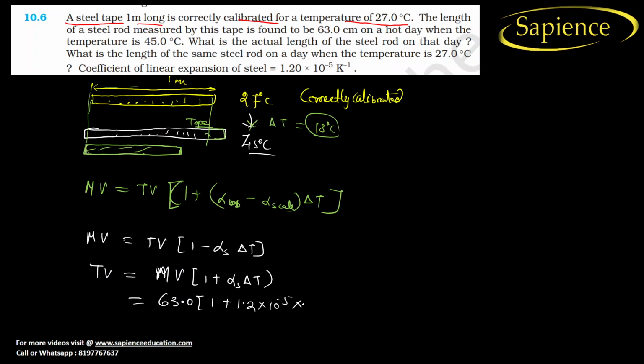The difference in temperature, delta T, is 18 degrees. When we calculate this, we get 63.01 centimeter. So this is the true value, but in measurement it is showing the lesser value.